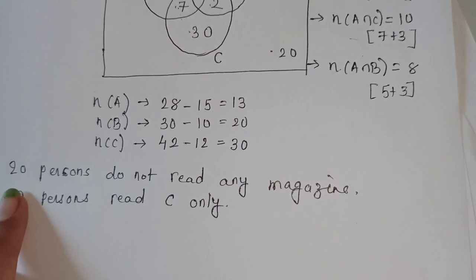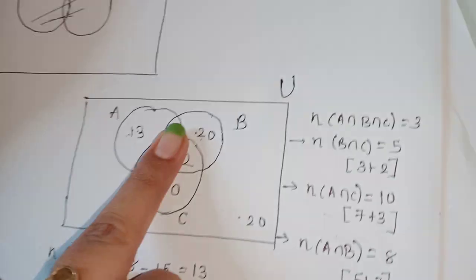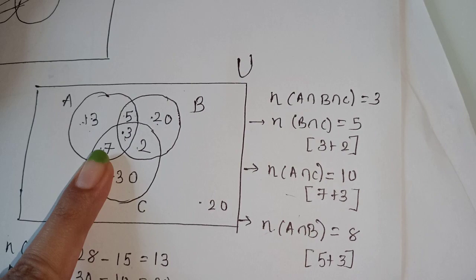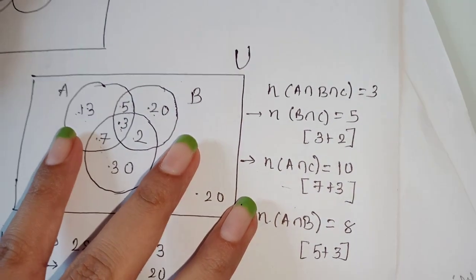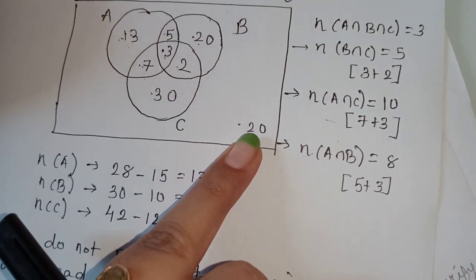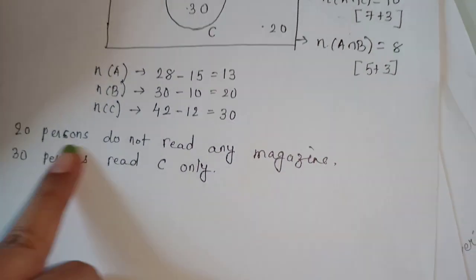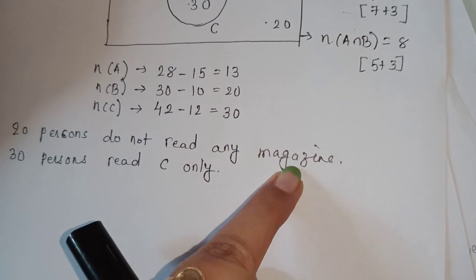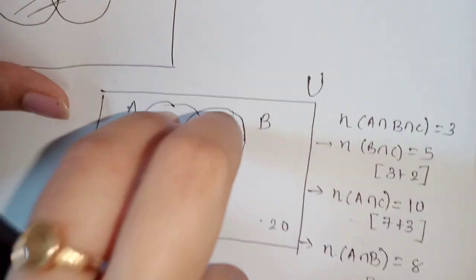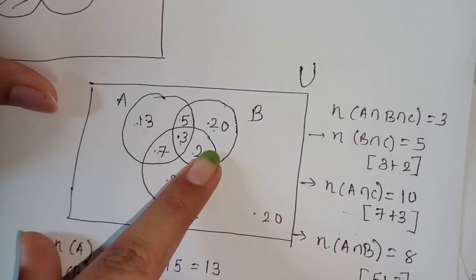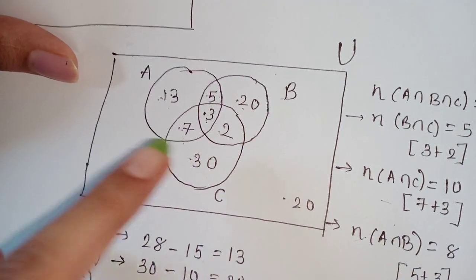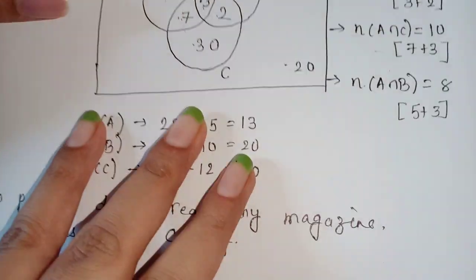So now I can say the numbers I have used over here are 80. Remaining numbers out of 100 is 20. So 20 persons do not read any magazine, because these are the lists of the people who read magazine A, either magazine B or C, or A intersection B or B intersection C, anything.